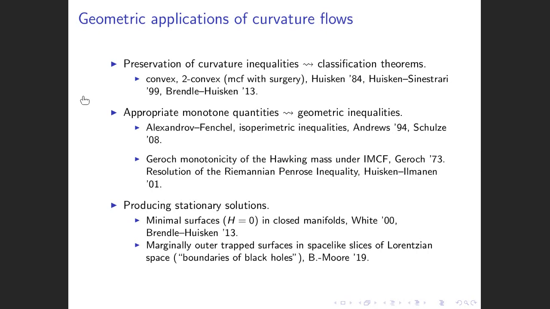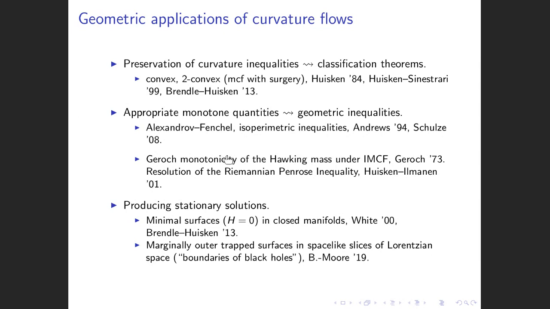Then you start with a surface, you look at this quantity, you know that this quantity is monotone under the flow. So if you know the sign, let's say, of this quantity at the limit, then you can say something about the sign of your original surface. So this has been used to prove Alexandrov-Fenchel inequalities and isoperimetric inequalities by Andrews and Schulze.